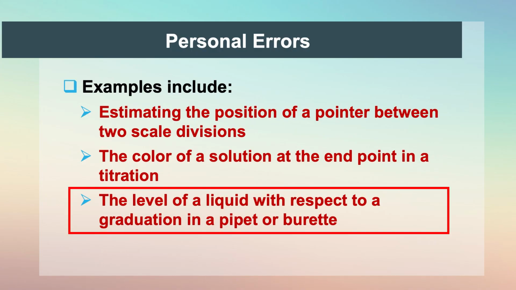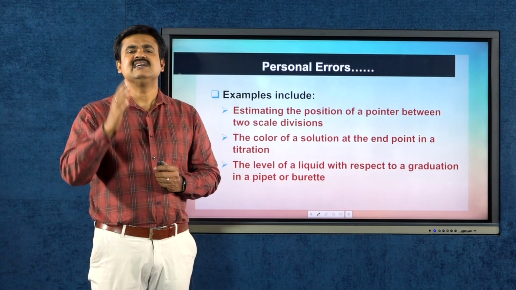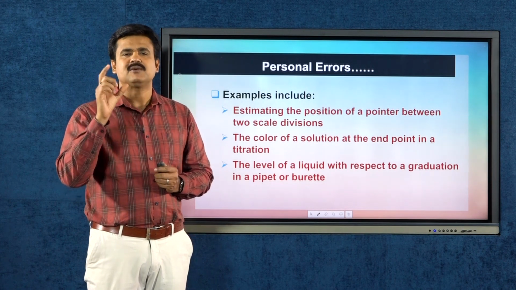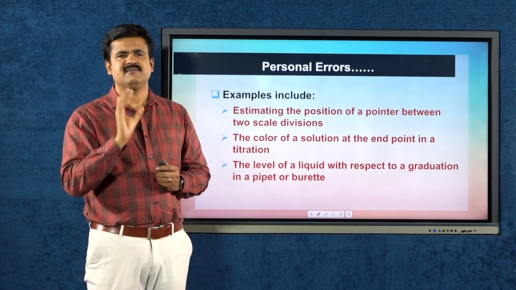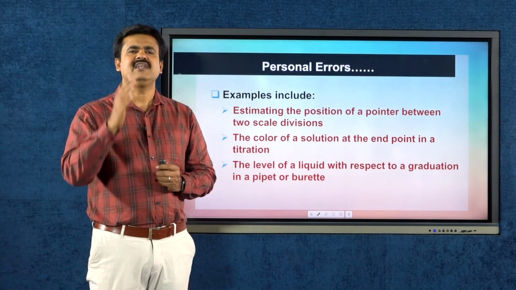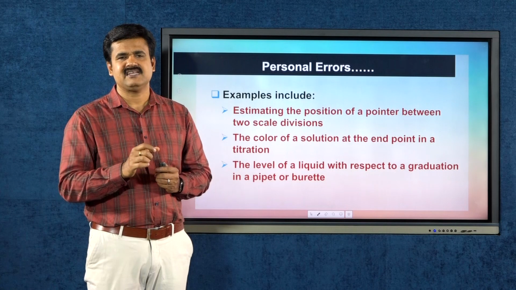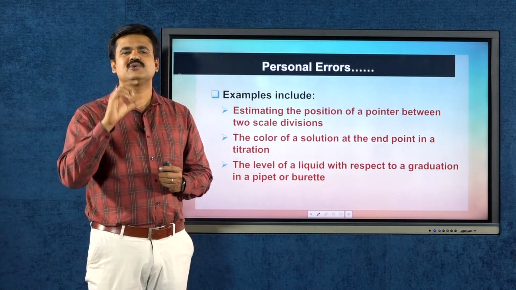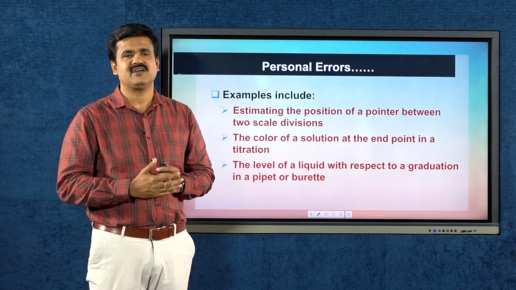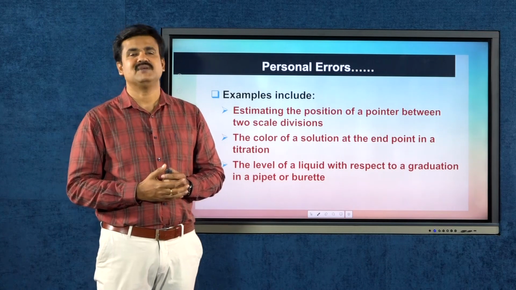The level of a liquid with respect to graduation in a pipette or burette. The graduation in a pipette or burette you can see with the help of your naked eye, and if you fail to judge this graduation correctly, the reading you took may vary from the original value, and that may lead to personal error.